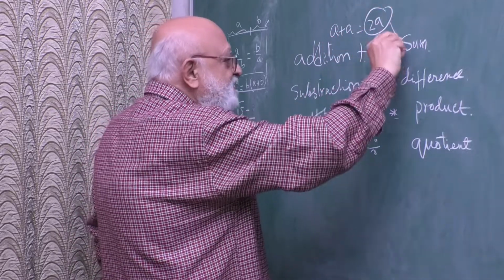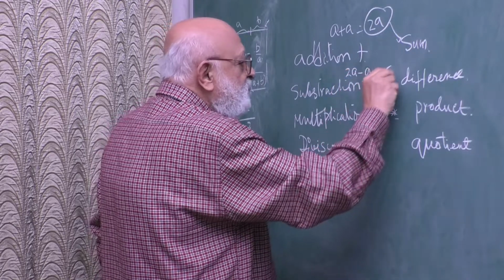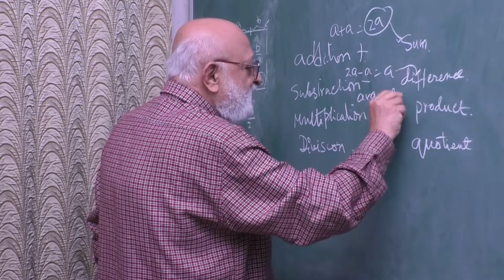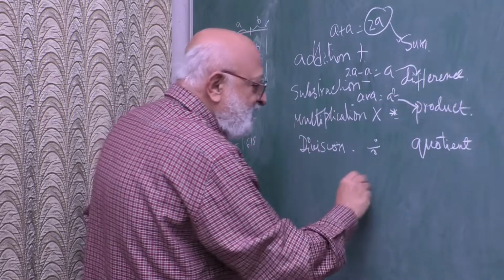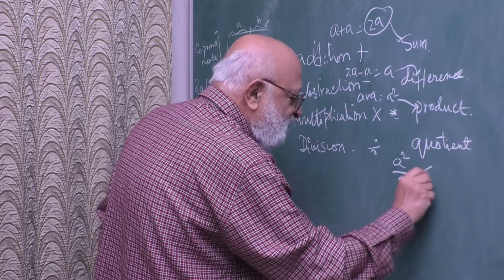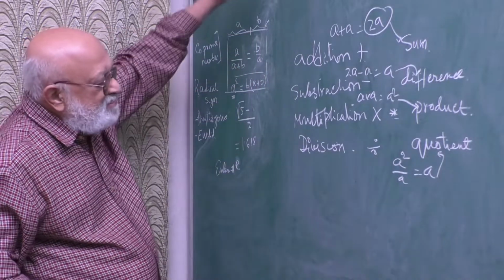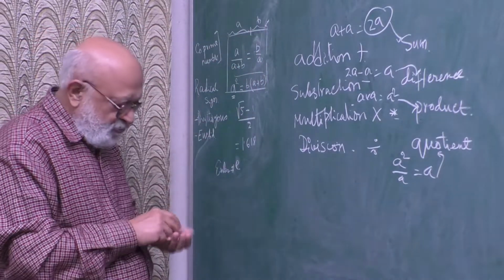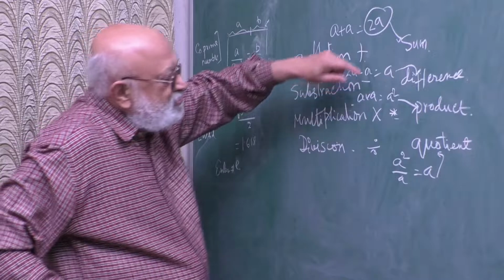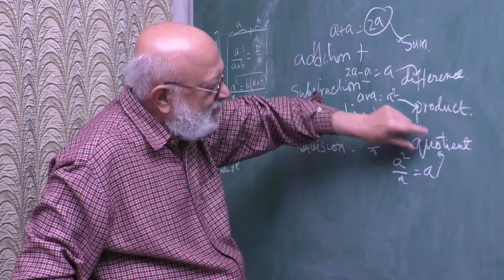When you say 2a minus a is equal to a, that is your difference. a into a, equal to a square, is your product. And a square divided by a, equal to a, is your quotient. We are very much aware of these things, and I talked about them last time. Sometimes these are referred to as sum, difference, product, and quotient.